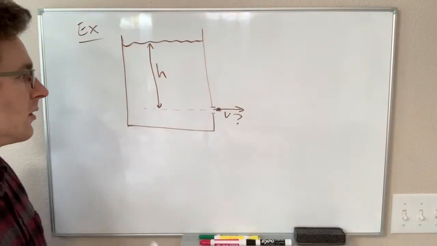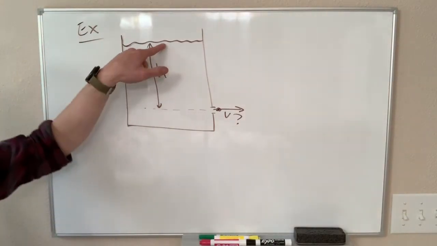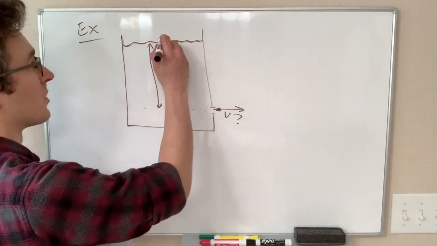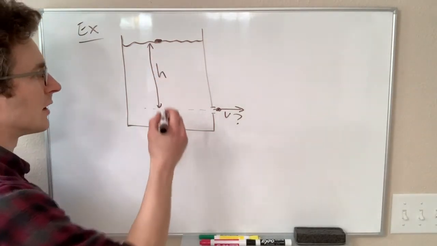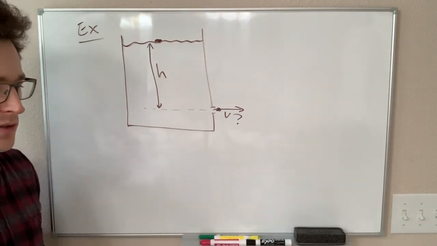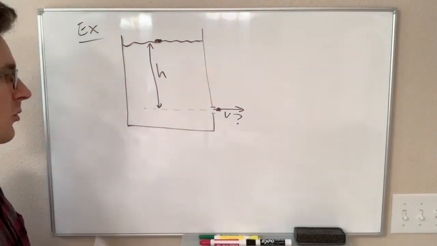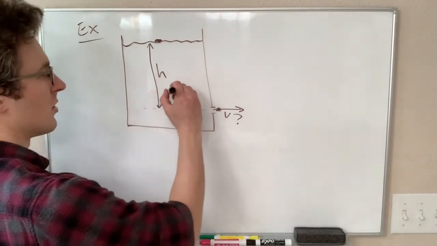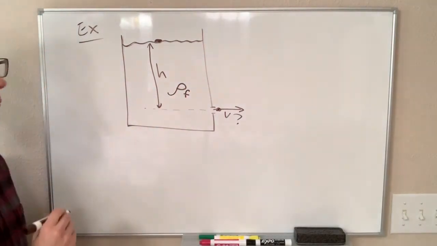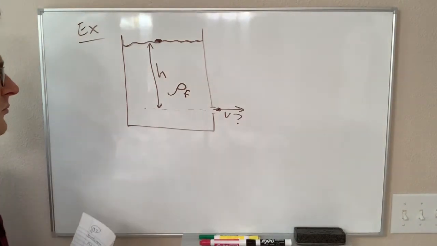And I claim that we know a lot at this point because we know the height of the water at that point. And we're assuming this is water. What we're about to do would work for any liquid, and we're not going to plug in any numbers, so we'll just call this rho of whatever fluid this is.